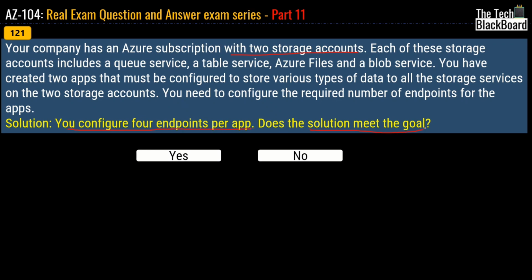And the correct answer for this question is no. In this case, it does not meet the goal. However, in question number 120, I picked the answer as yes. Now let me take you to the Microsoft site and then I will validate why I pick a no for question number 121 and why I pick a yes for the previous question 120.